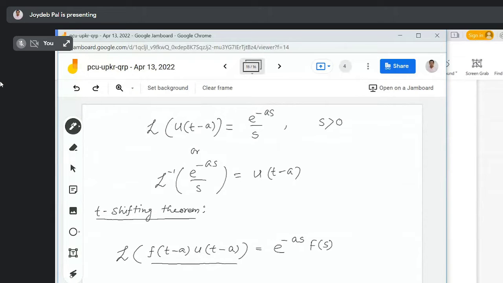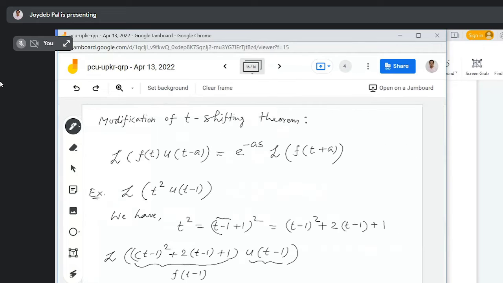So it will be e to the power minus as. Now what is the value of small a? From u(t minus a) or f(t minus a), we get a. So a is 1. Okay, so it is e to the power minus 1 into s, that means e to the power minus s.